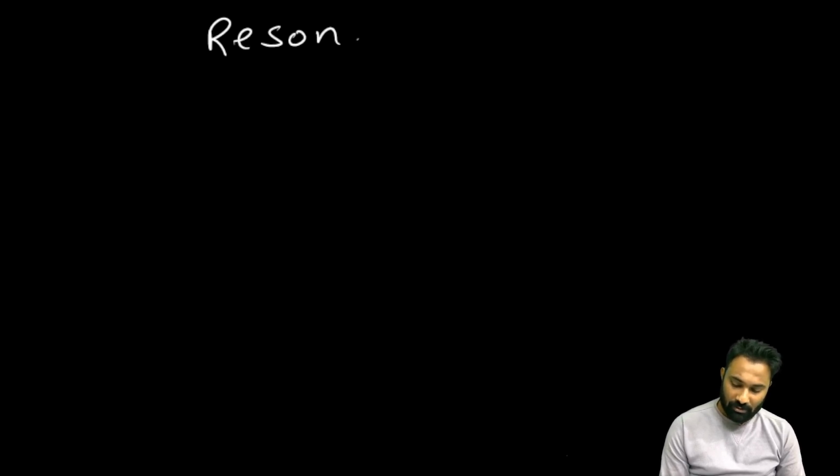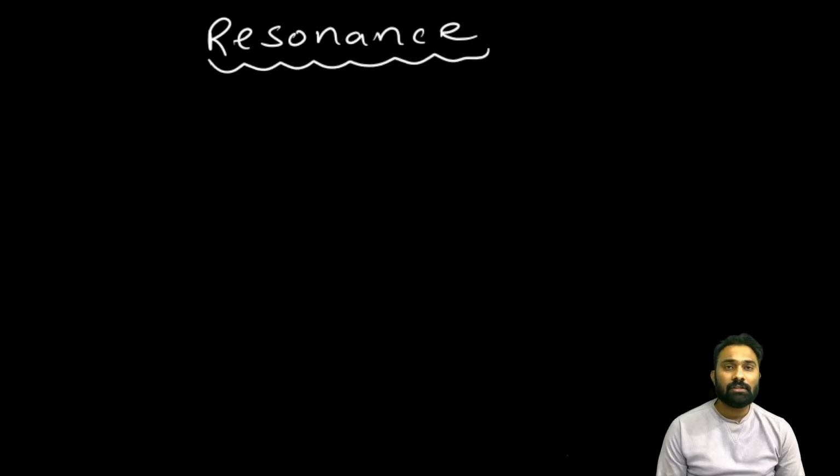Before going to the lecture, first we have to study resonance. Sir, what is the meaning of resonance? This term resonance we are going to use in our entire organic chemistry.